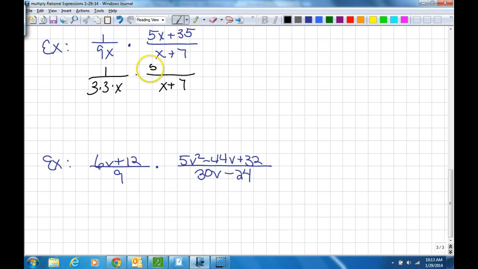So if I factor out a 5, I'm left with x plus 7. Now, what can I cancel? X plus 7. Okay, so if you think about this bar being all the way across, is there anything else I can factor out? There really isn't. So 1 times 5 is what? 5. And then 3 times 3 times x is 9x. So that's my answer on this one.